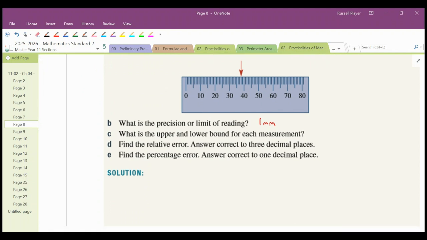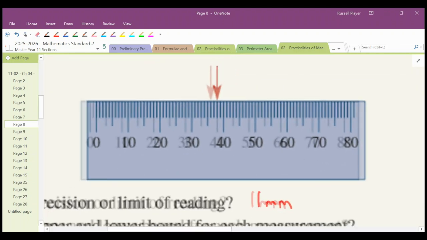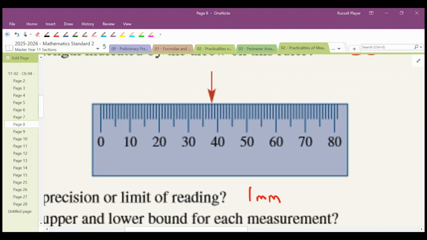So let's have a look. If you think about it, if I was measuring this, if I got a measurement that was sitting about there, so we're in between the 24 and the 25 marks. So it's somewhere in between there.